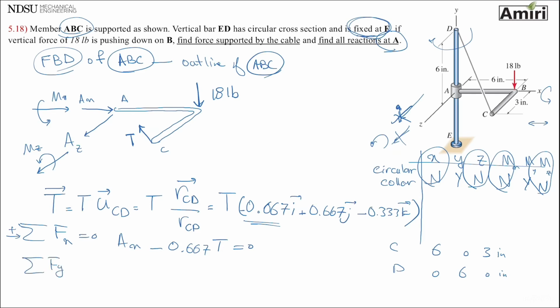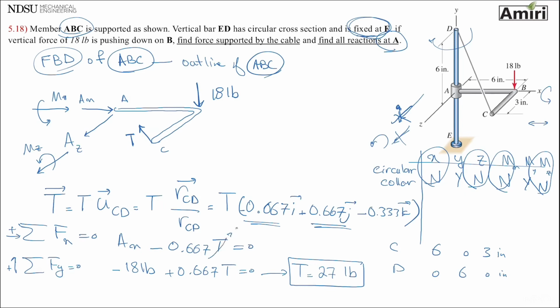Summation of forces in y equals 0. Anything that points up is going to be plus. The only force that I see in y is minus 18 pounds plus the j component of T, plus 0.667T, equals 0. Okay, from here I get T of 27 pounds. If I put it back up in that equation, 27, I get AX of 18 pounds.